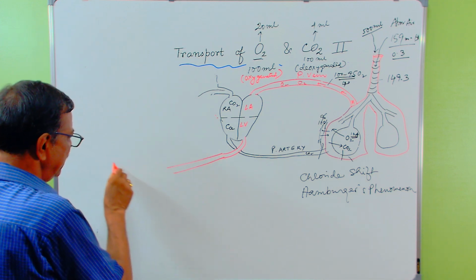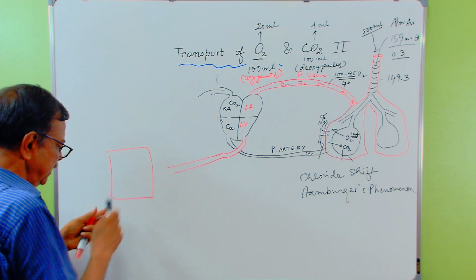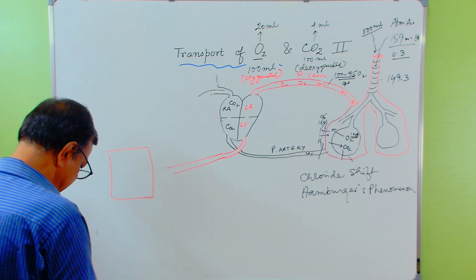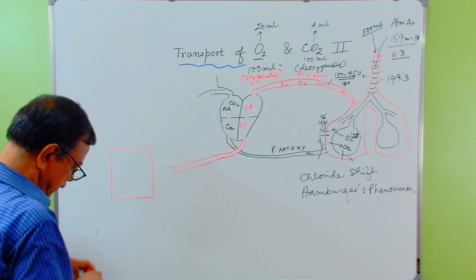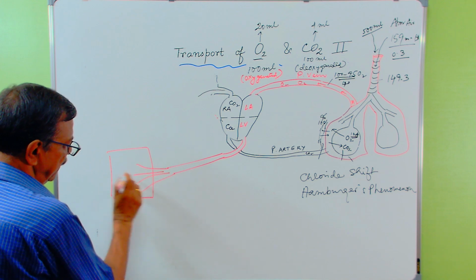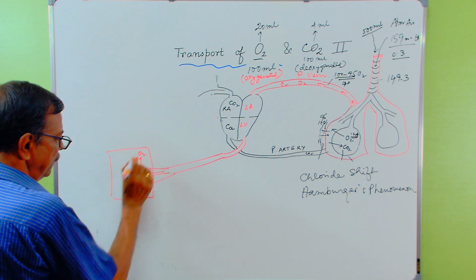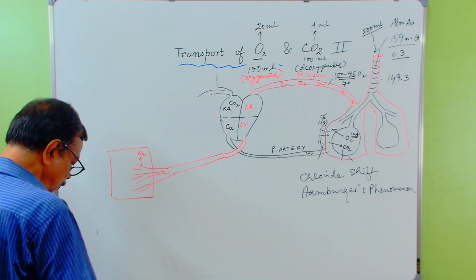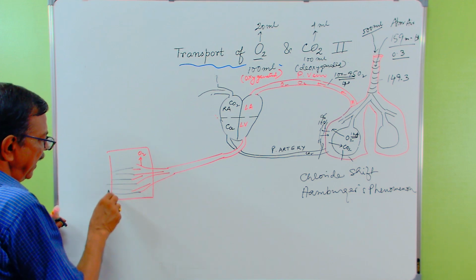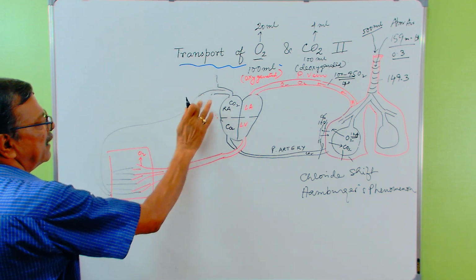This goes to the individual cell, it breaks up into arterioles, and it gives out O2 and it is taking CO2, and it is returning back here. Clear?